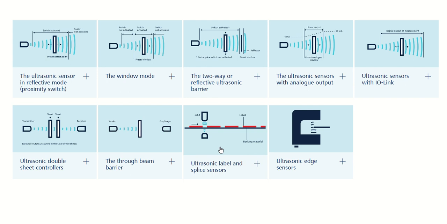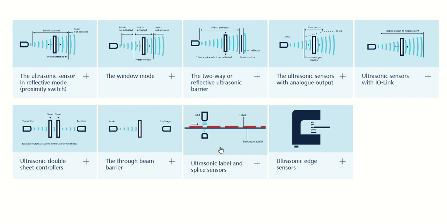Then we have the ultrasonic sensor with analog output, a sensor that converts the input signal into linear output, so it has the analog window present here. Then we have the ultrasonic sensor with IO link, or input output link.